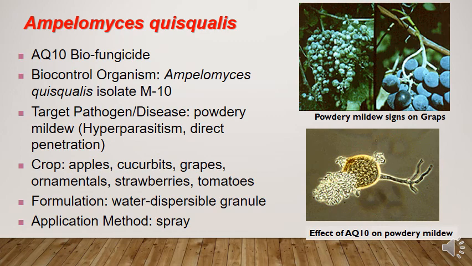We can apply this biofungicide on different crops: apples, cucurbits, grapes, ornamentals, tomato, strawberries, and we can use it as water dispersible granules and apply it as a spray on the infected plant.